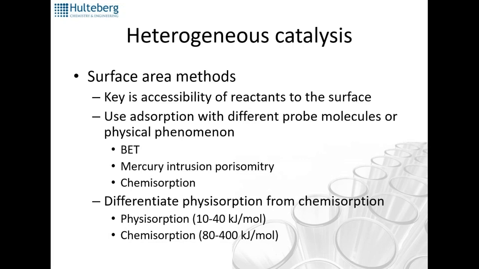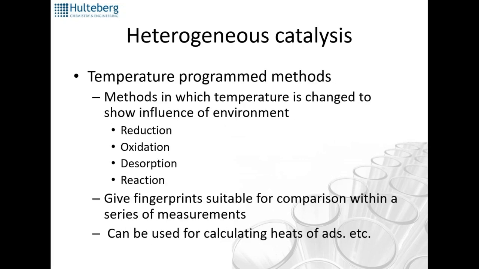We can also do it under temperature programmed situations where you're increasing the temperature. So for instance, you can look at the changes that happen to a catalyst when it influences the environment. So it can be a temperature programmed reduction, temperature programmed oxidation, desorption, or indeed looking at a reaction.